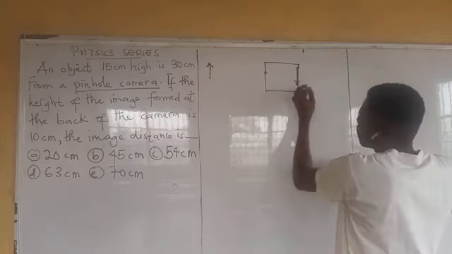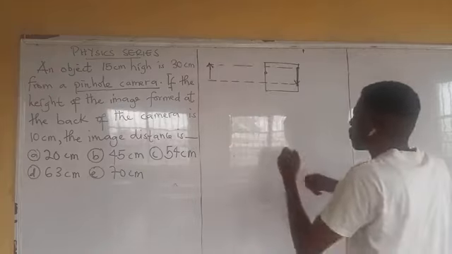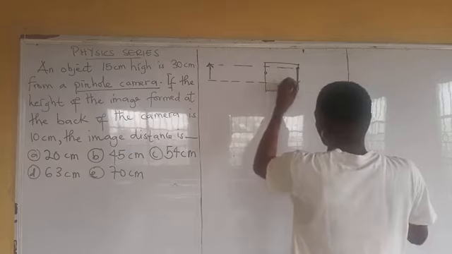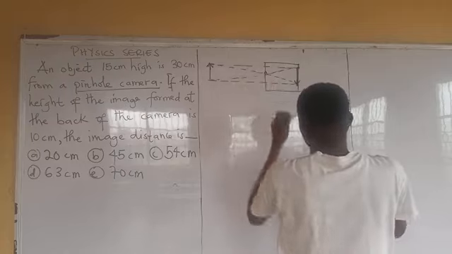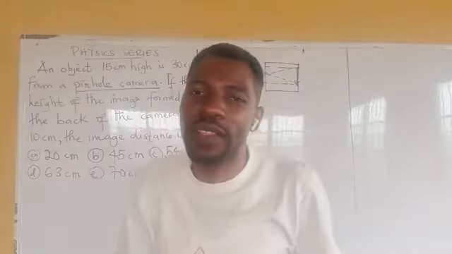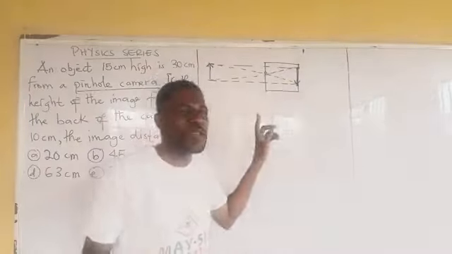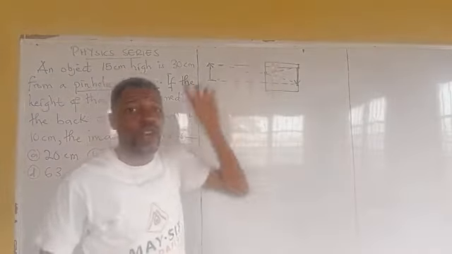The same thing happens with this pinhole camera. When light rays pass through this small opening, one thing you must observe is this: the smaller the opening, the clearer the image becomes. But if you enlarge this opening, you're going to have a problem.